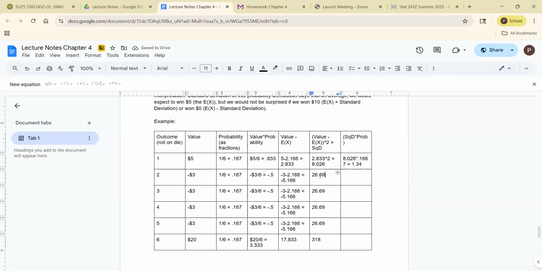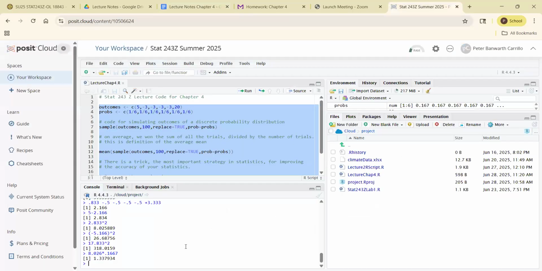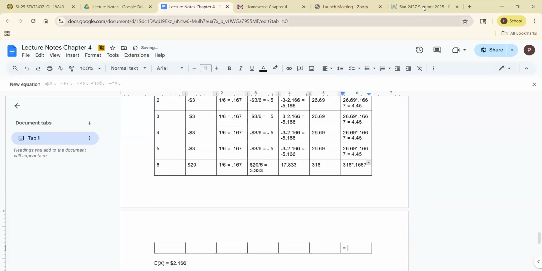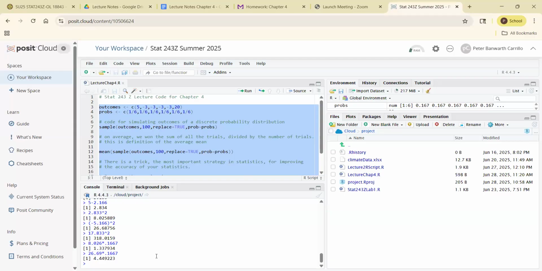And 26.69 times 0.1667 is 4.45. And then 318.16 times 0.1667 equals 53.